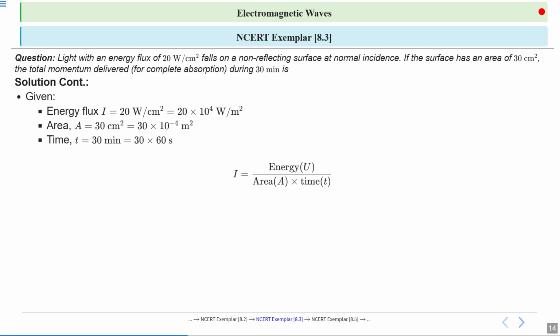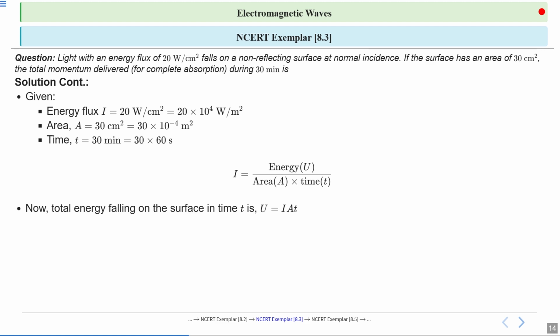So I is equal to energy per unit area per unit time. Energy per unit time is power, so we can write it as power delivered per unit area. Intensity is energy upon area multiplied by time. So from here, the total energy falling on the surface is given by U equal to IAT.